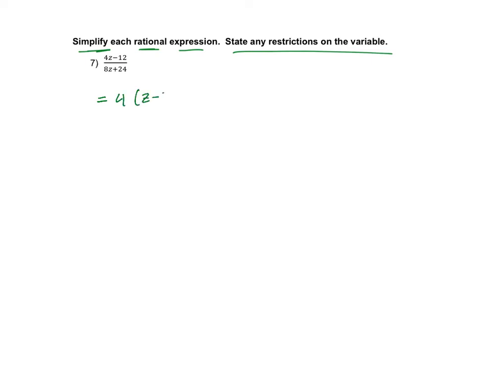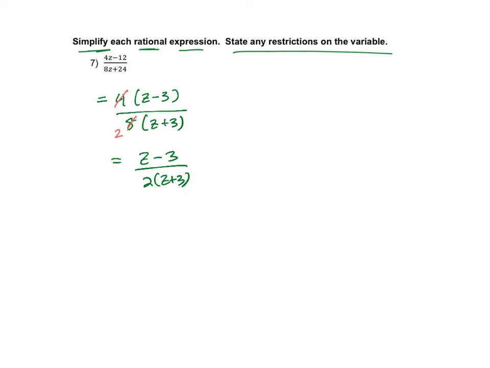So it's z minus 3 divided by the common factor on the denominator, which is 8. So I have z plus 3. Right? So I can simplify the 4 and the 8. So this is the same as z minus 3 divided by 2 times z plus 3.